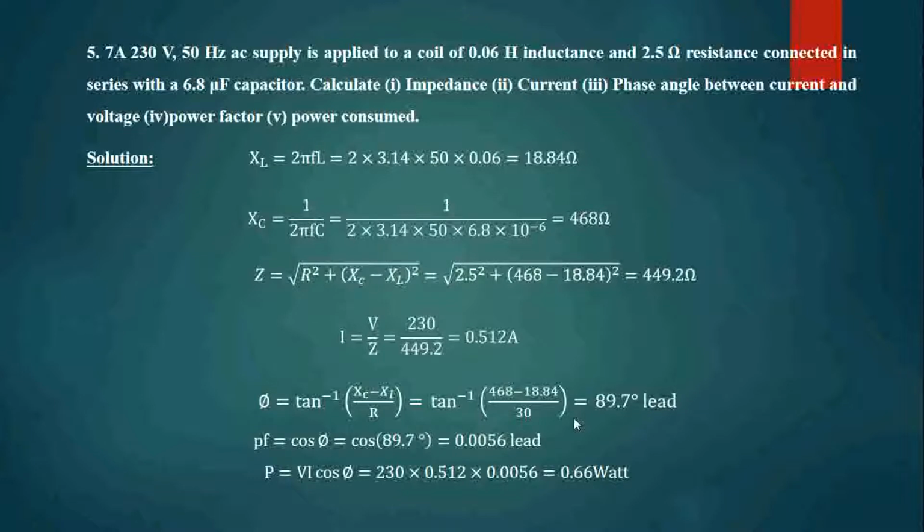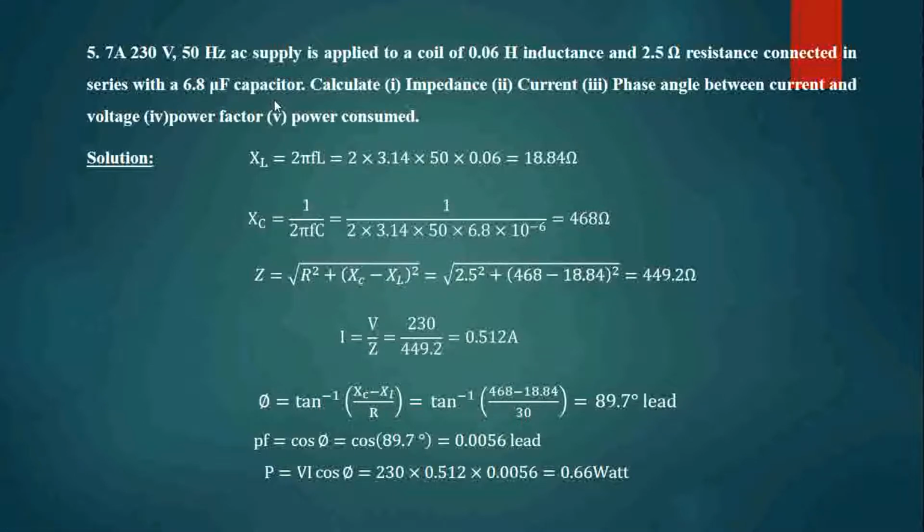Calculate impedance, current, phase angle between current and voltage, power factor, power consumed. You have to read the problem and understand that a coil of 0.06 Henry inductance, 2.5 ohm resistance in series with a 6.8 microfarad capacitor means it is an RLC series circuit.